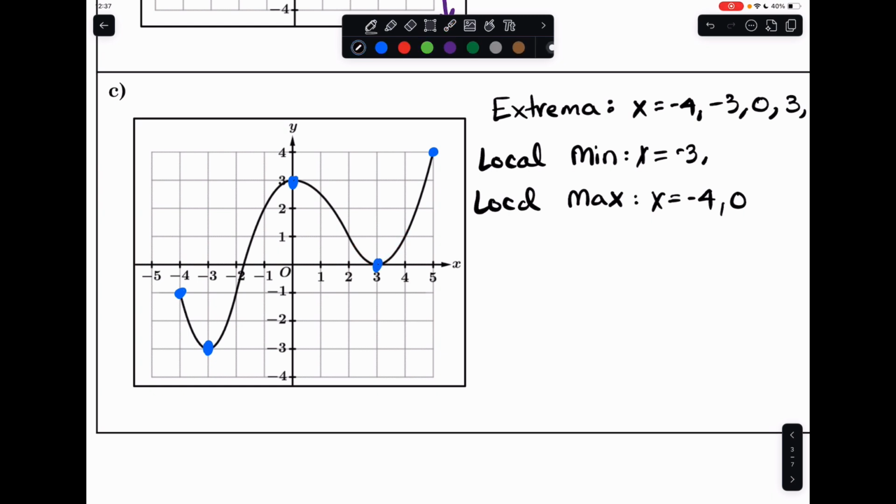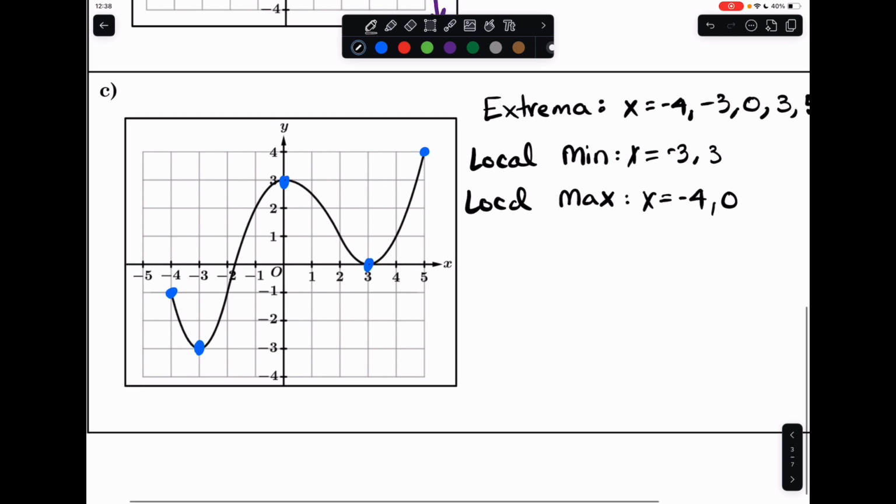So we have a local min at +3, and then finally at this endpoint. Again, since the graph is moving up, the y values are getting bigger and bigger. So until we get to this point right here, we reach the end, and the y values are going to be smaller than everything that's to the left of it. So this is going to be a local max. So at 5.